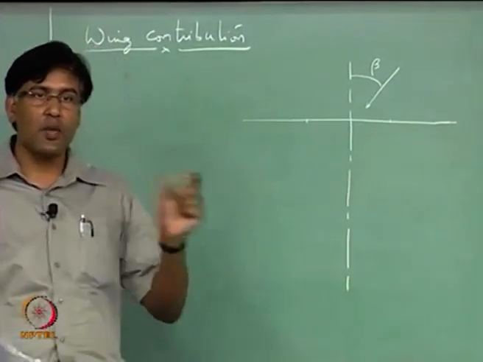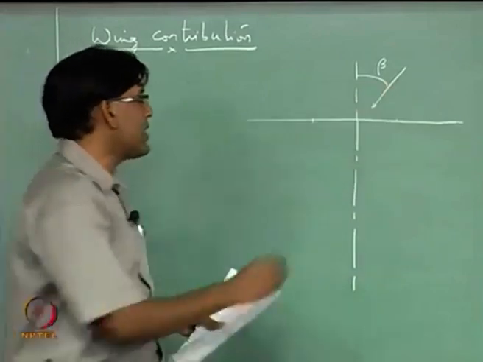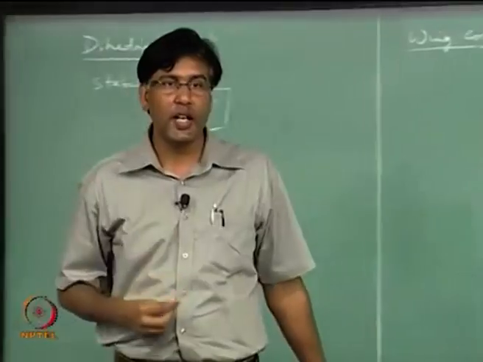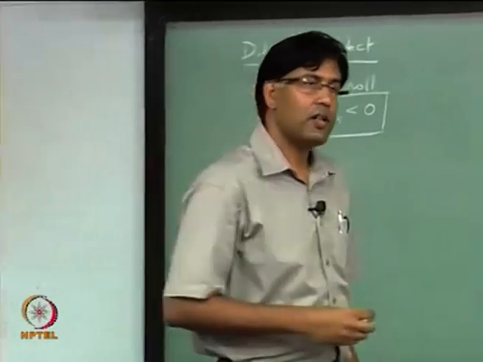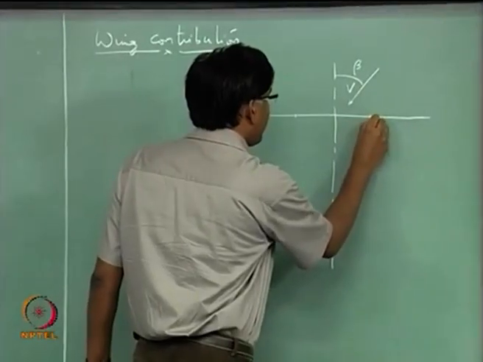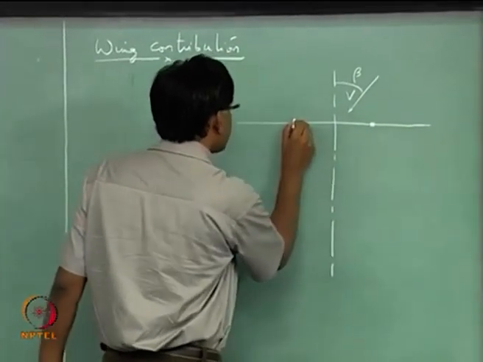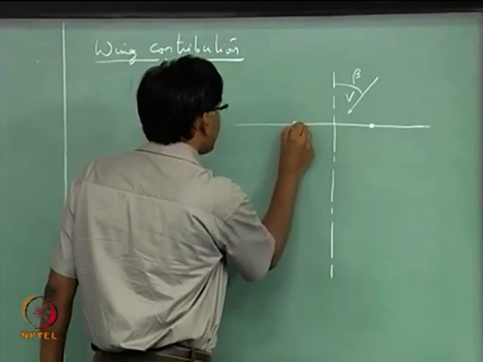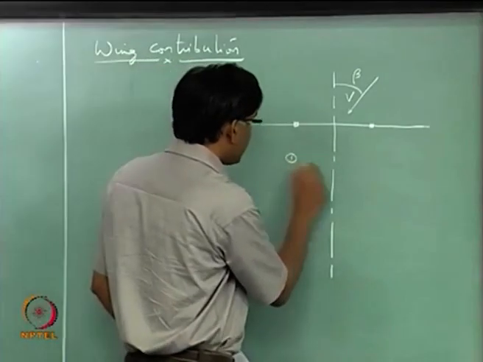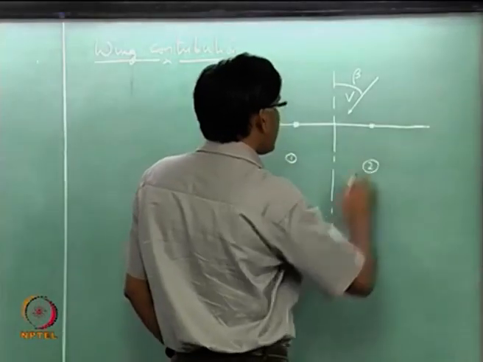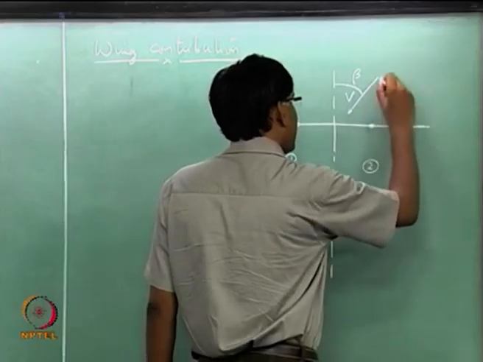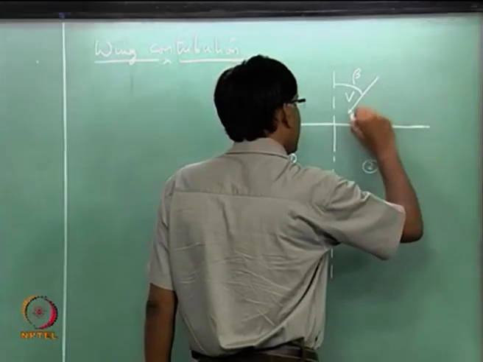Only the normal component of this velocity is going to be used for computing the lift. So, we are looking at this section and an equidistant section on this side, call these 1 and 2, and so let us say I am drawing this velocity again.